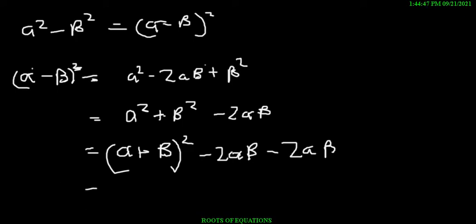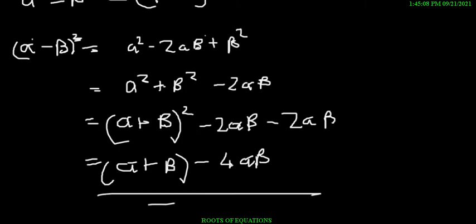So therefore we can then add these two and we will get alpha plus beta squared minus 4 alpha beta. That's it.